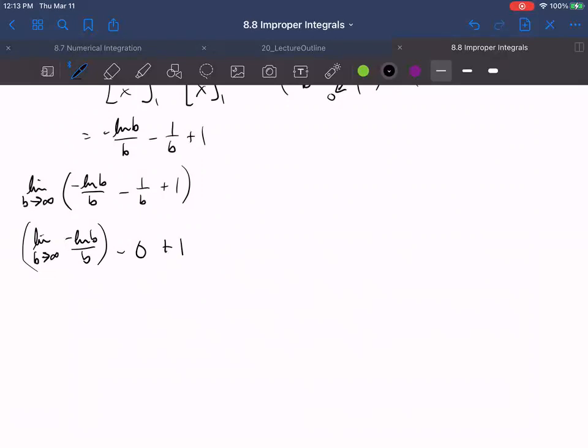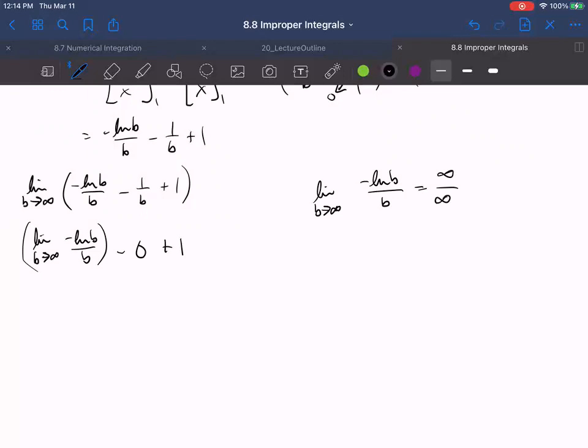It blows up, right? It blows up because that minus sign moves up into the exponent. So our limit there is infinity over infinity.